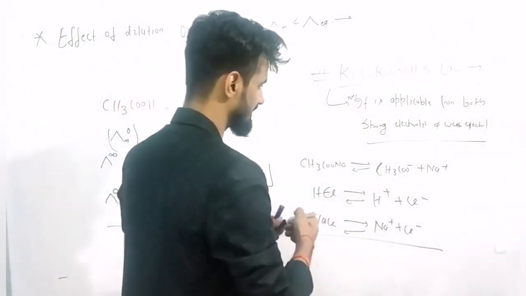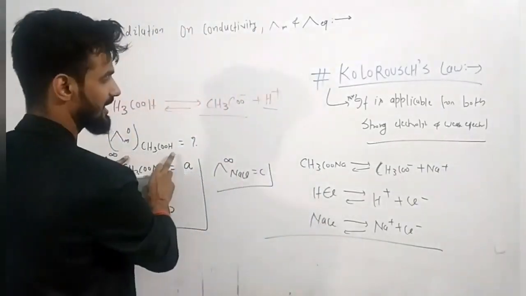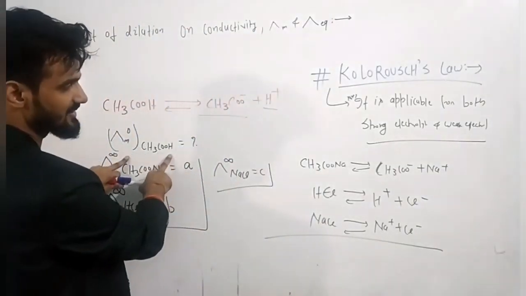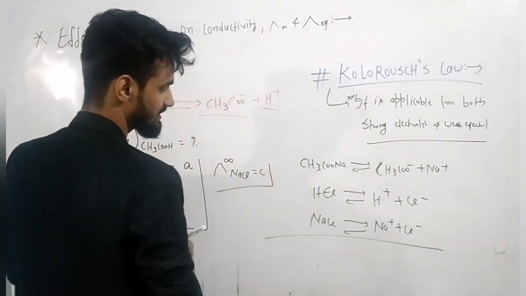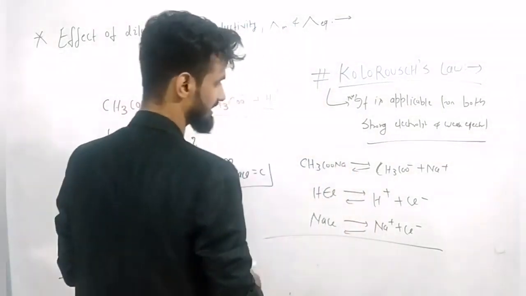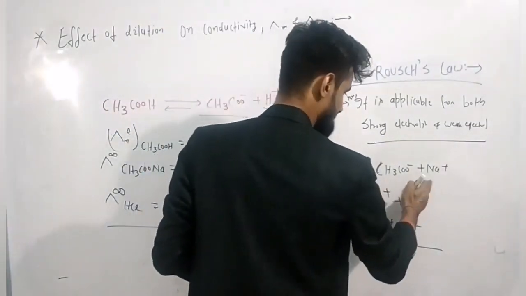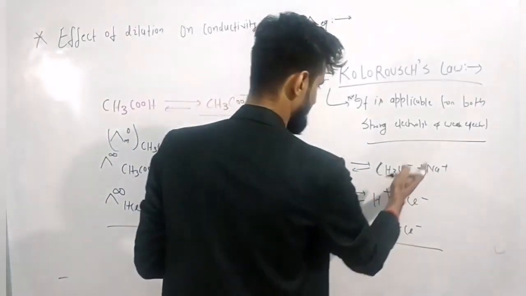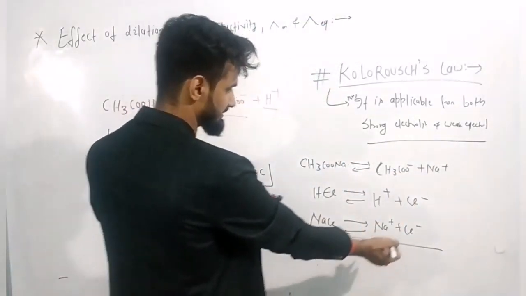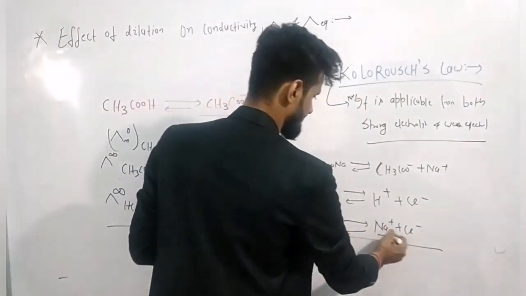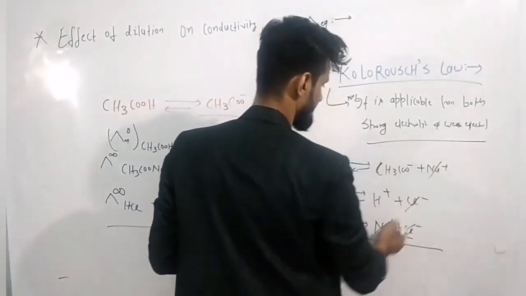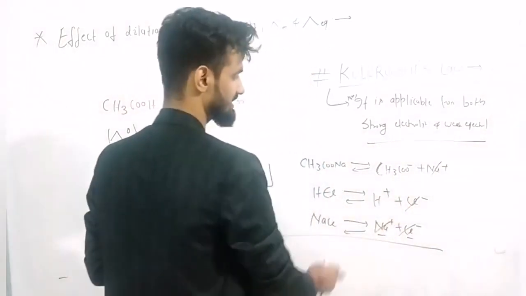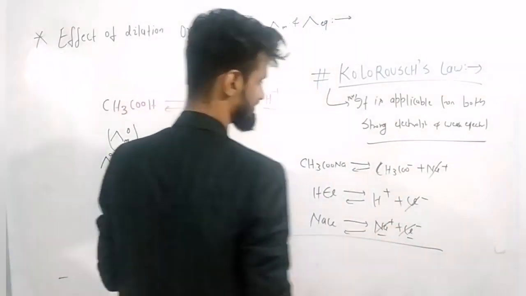Okay. Now understand one thing. We have to calculate the value of CH3COOH. So how will we calculate? If you add all these things, then what will happen? Here is CH3COONa, CH3COO minus, and all these things. Now subtract these things. If you subtract, then the common terms will get cancelled out, so you will get CH3COO minus and H plus.